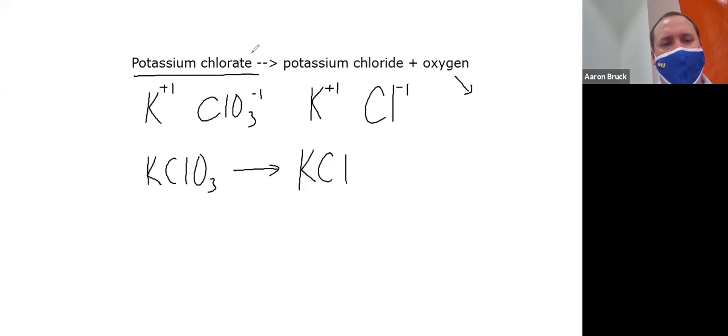Oxygen is an element. O is its symbol. However, we have to recognize that oxygen is one of those molecular elements. And as a molecular element, it exists as O2.